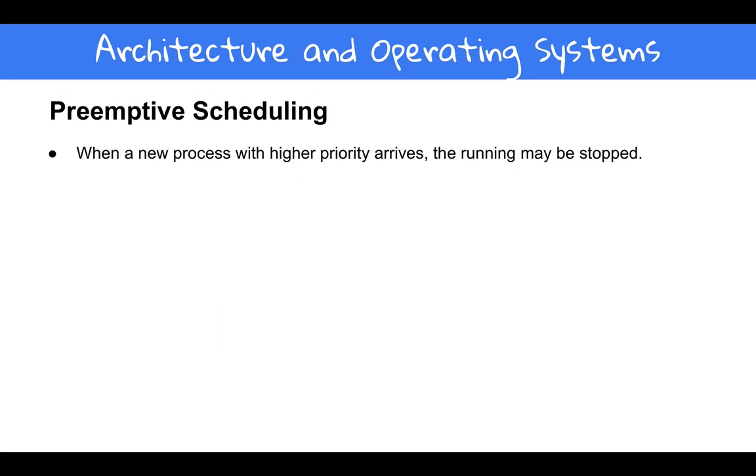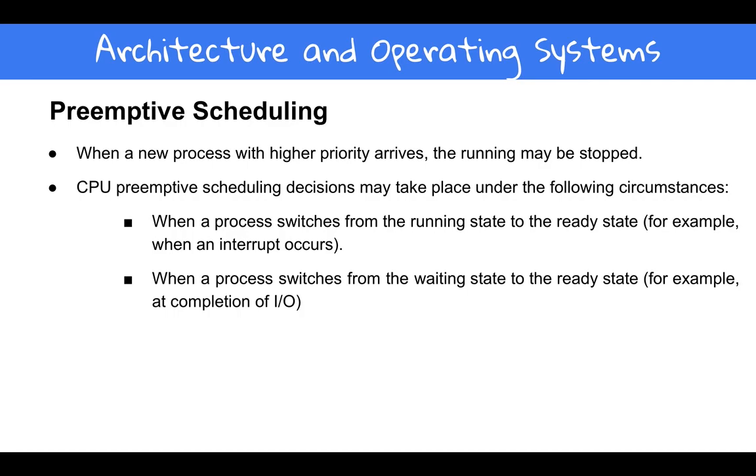So when an interrupt occurs, the process goes from the running state to the ready state, or from the waiting state to the ready state. For example, when a completion happens and one of the processes that requested input/output gets it, now it wants to go back to the processor.